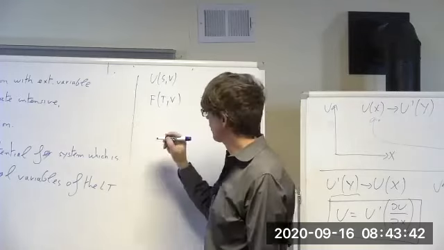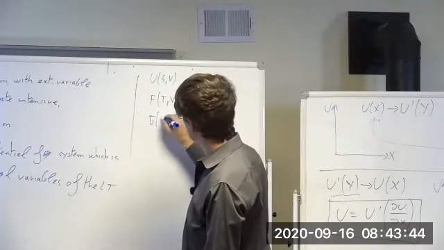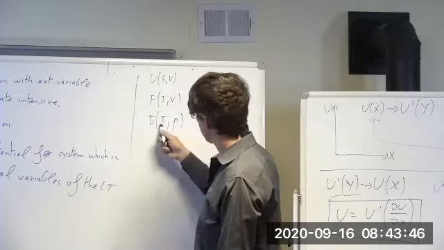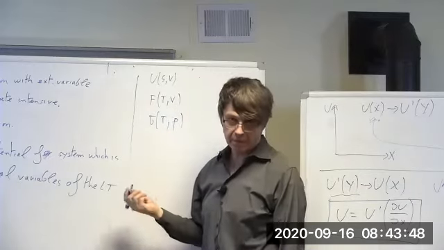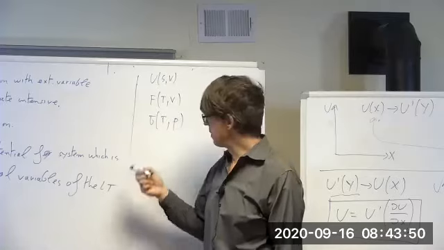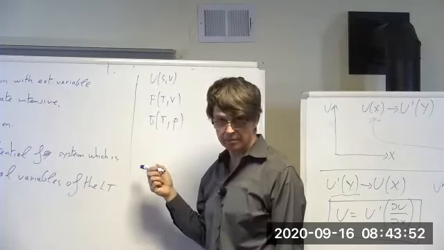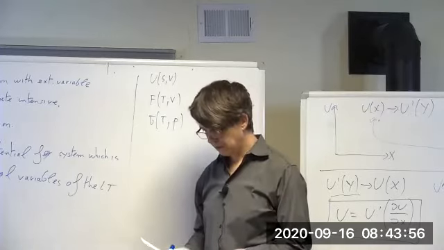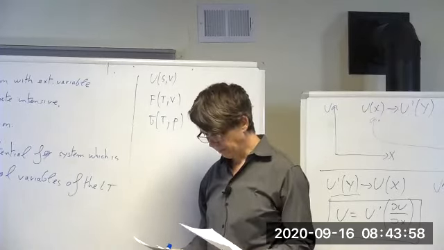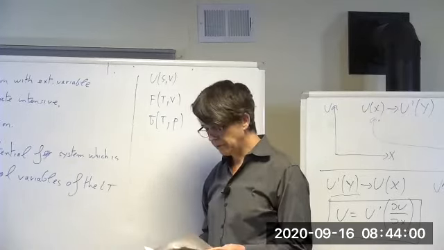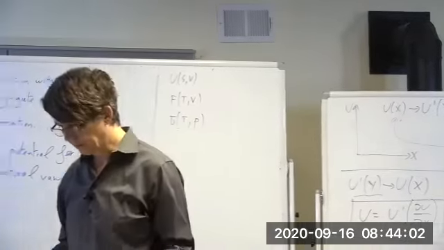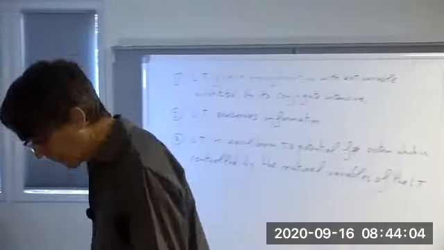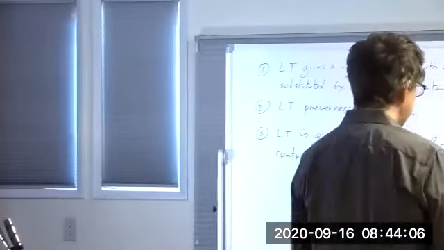If I Legendre transform further and I get G as a function of T and P, the Gibbs free energy is the potential that I minimize under constant temperature and pressure. So the way you set up an equilibrium condition, a thermodynamic potential, is to go to the relevant Legendre transform.